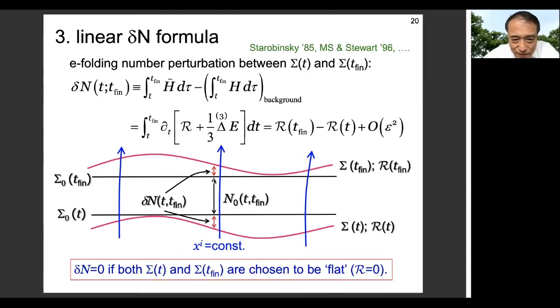If you compute the delta n between these slices, by definition it just vanishes, so this is 0. So as you see, this is a gauge dependent quantity. It is purely given in terms of slicing, so by itself it doesn't mean anything. It's just a pure geometrical thing, depending on your slicing. So there's no physics here.